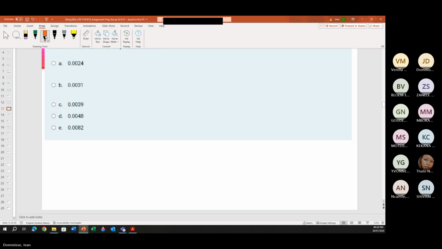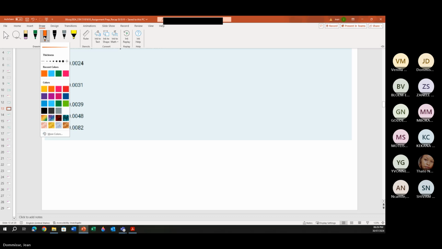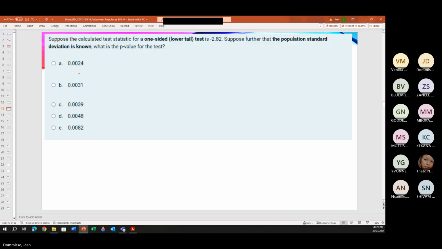Suppose the calculated t-stat for one-sided lower tail is minus 2,82.